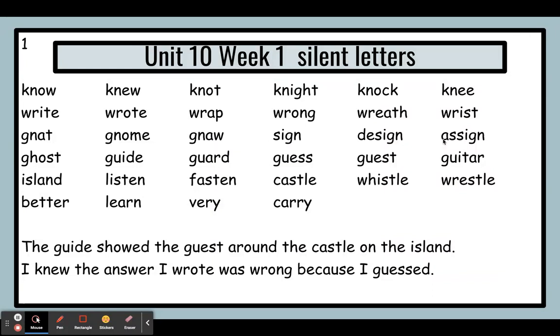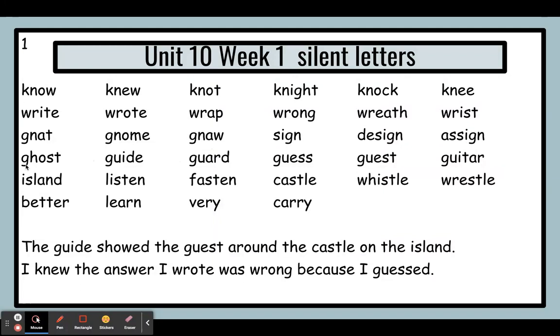Remember, the unstressed syllable has a schwa sound. It's a really quick sound. So we have a, sign, assign. Let's read this line. Gnat, gnome, gnaw, sign, design, assign.